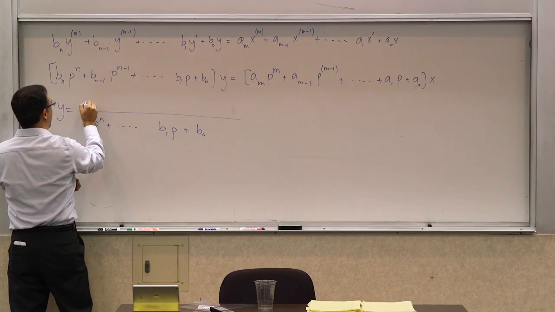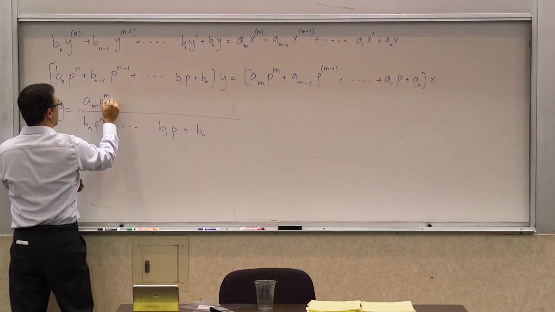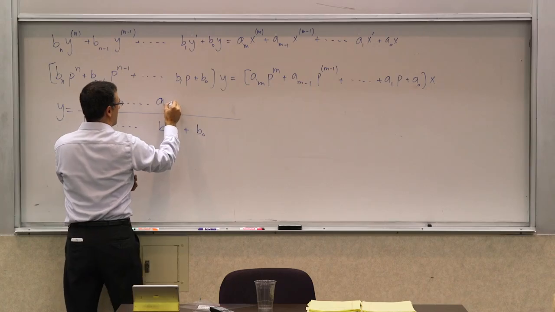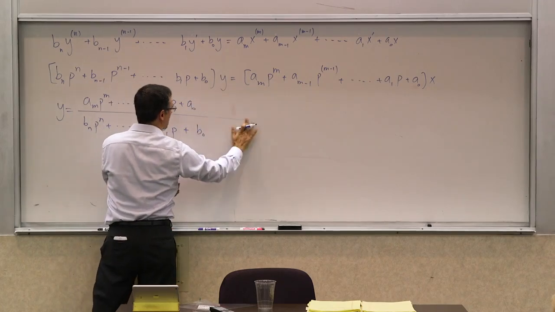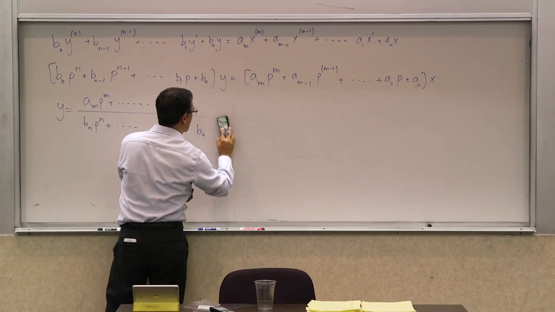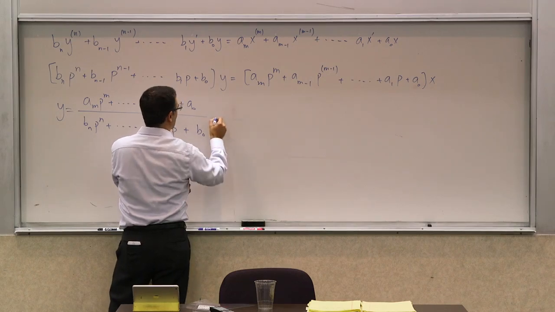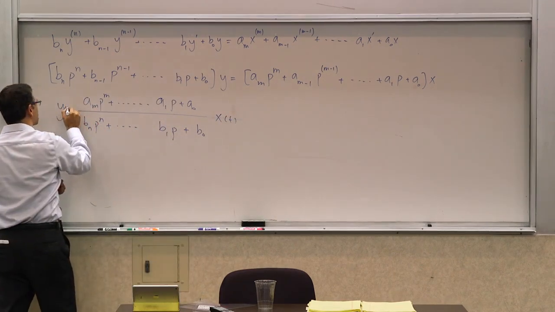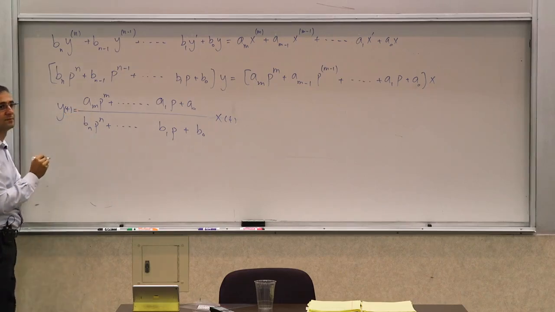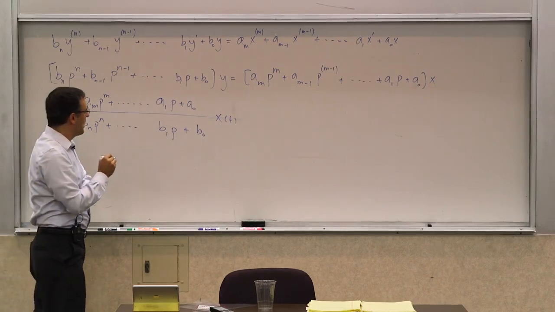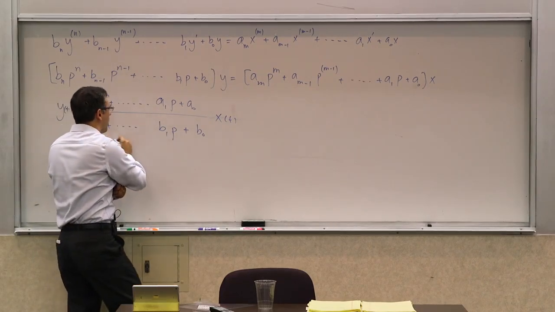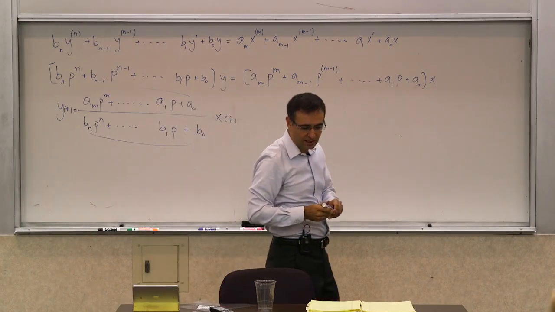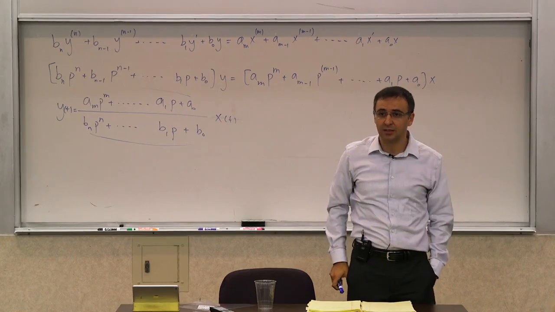And in the numerator, you have am p to the m plus a1 p plus a0, operating on x of t, producing y of t. But the good news is that we can deal with these things. How can we deal with something like that? How can we deal with the denominator?